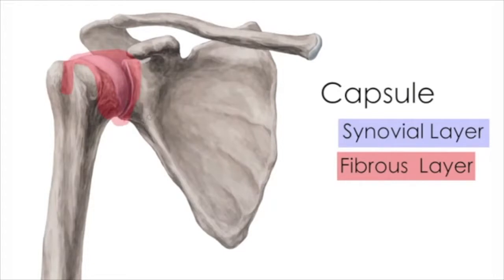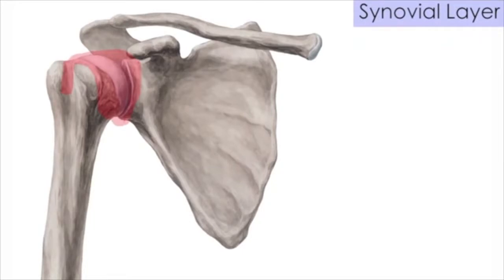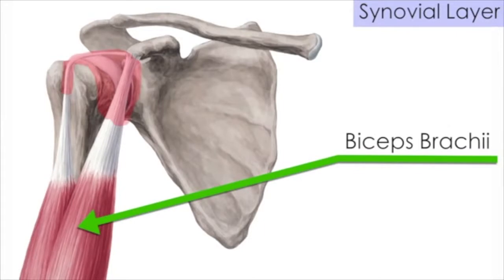Now, knowing that, let's talk about the synovial layer of the capsule of the shoulder joint. This layer is actually attached to that fibrocartilaginous extension known as the glenoid labrum. This is the attachment of the synovial layer. And also I'm going to add here the biceps brachii muscle.